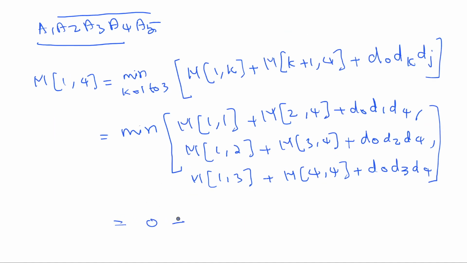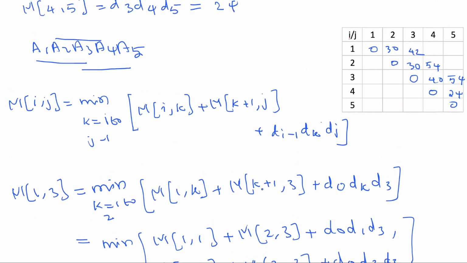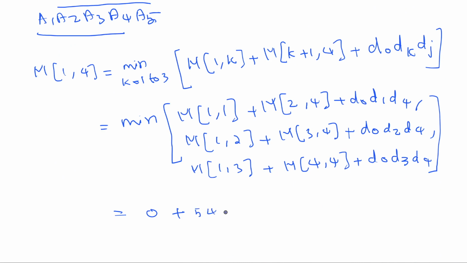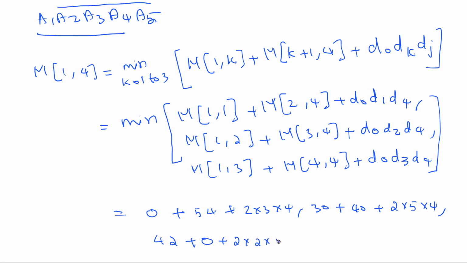M11 is 0 plus M24 is 54 plus d0, d1, d4. d0, d1, d4 is 2 into 3 into 4. Then M12 is 30 and M34 is 40 plus d0, d2, d4. d0, d2, d4 is 2 into 5 into 4, and for this equation M13 is 42 plus M44 is 0 and d0, d3, d4 is 2 into 2 into 4.